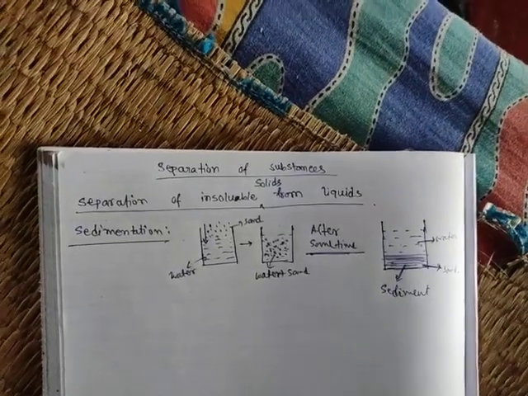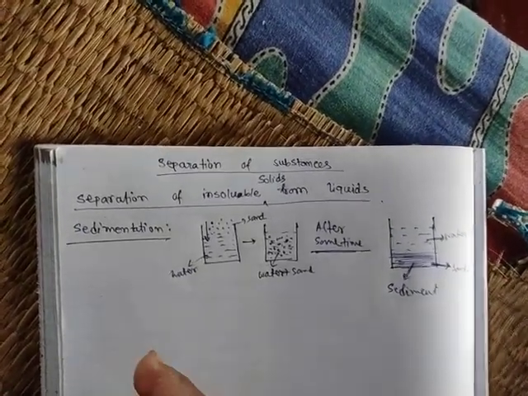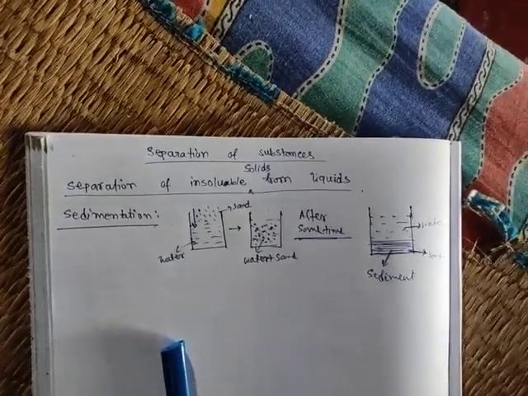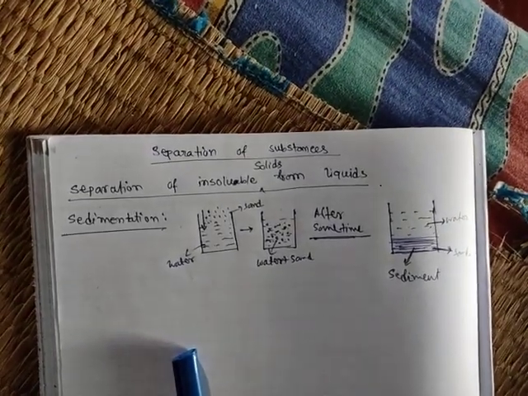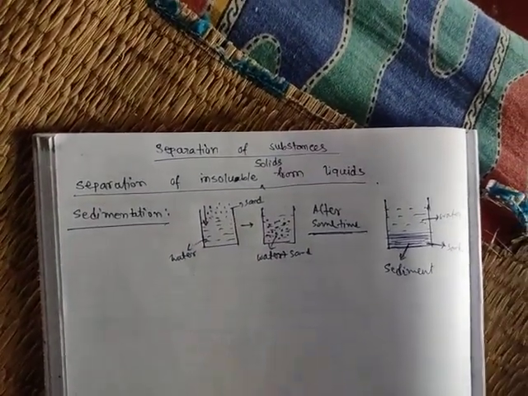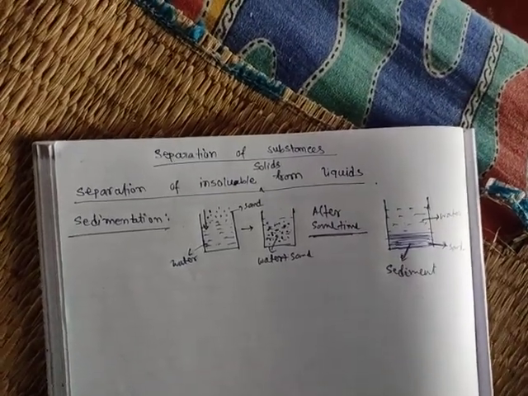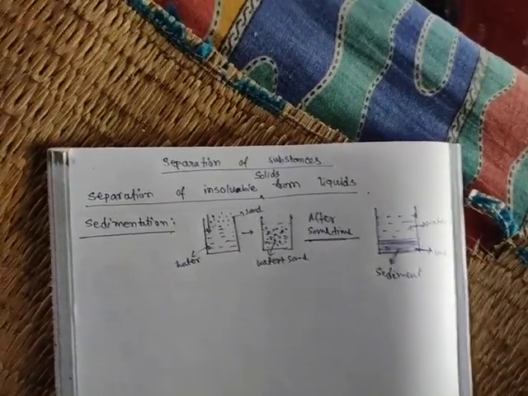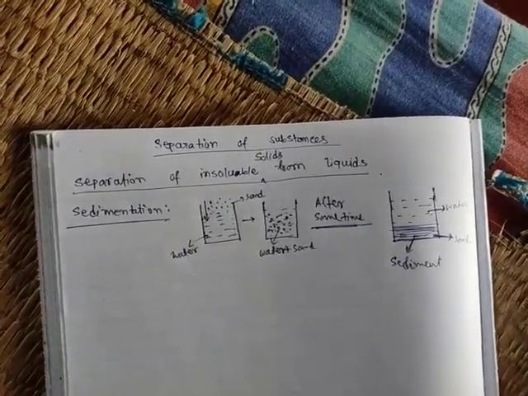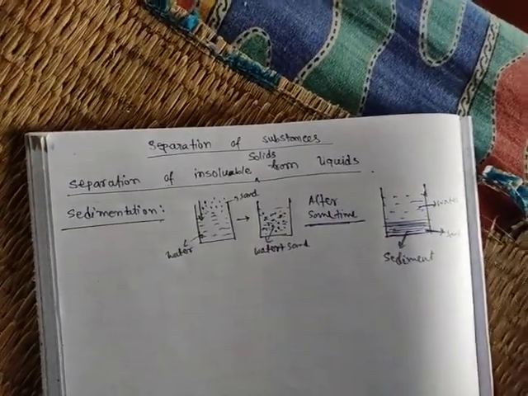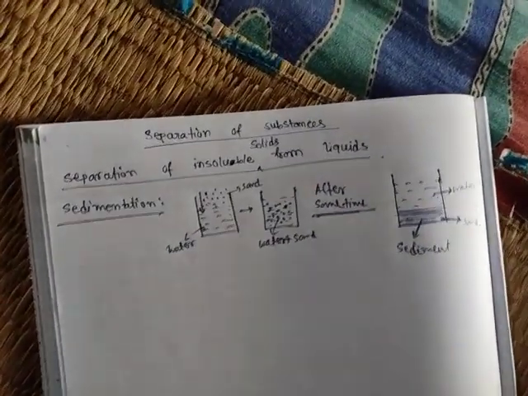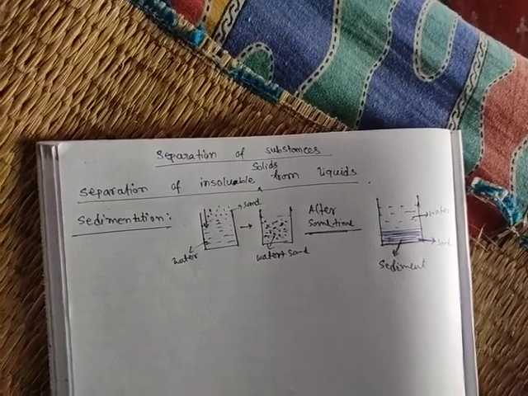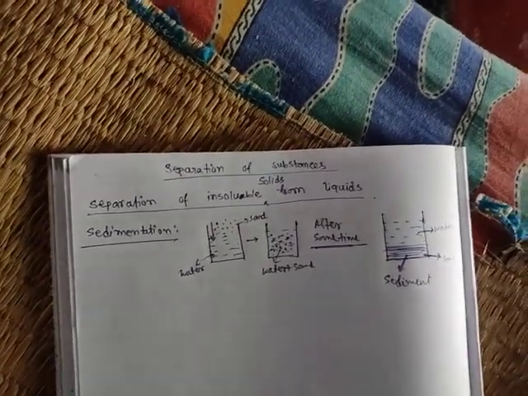We first mix the undissolved solid with the liquid and leave it undisturbed. After some time the solid settles at the bottom of the container, and the solid and liquid are separated. The separated solid at the bottom is called sediment, and the process is called sedimentation.